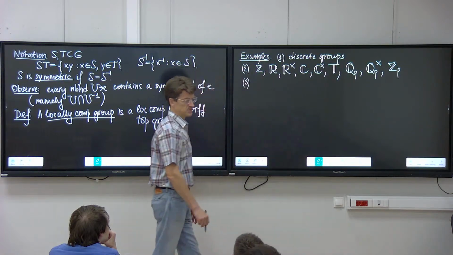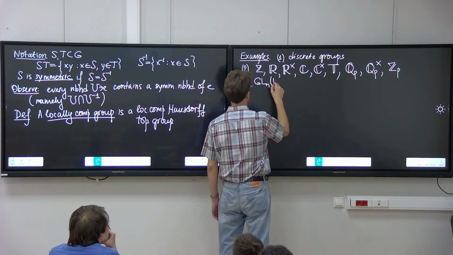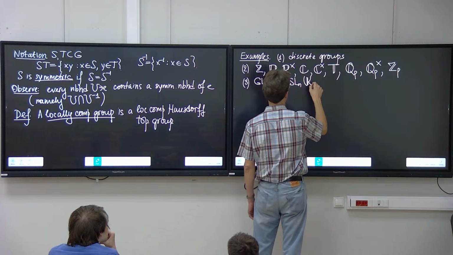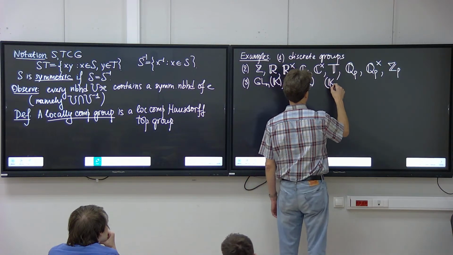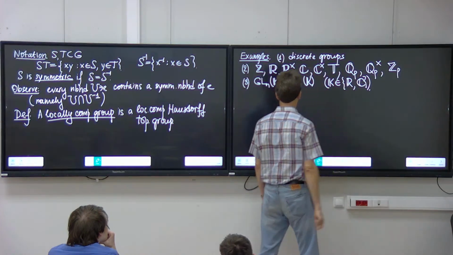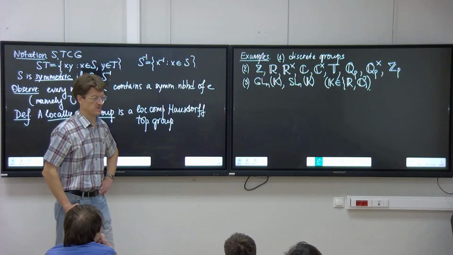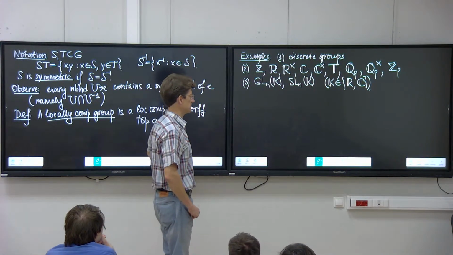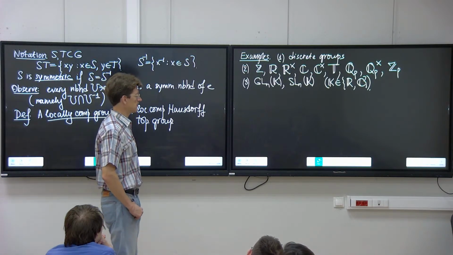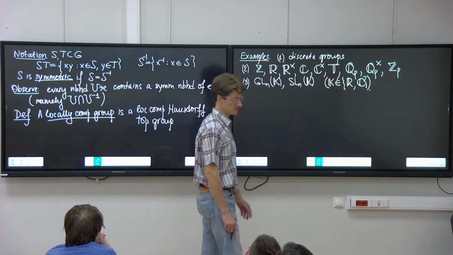Standard matrix groups are also locally compact: GLn over the real or complex numbers, and SLn over the real or complex numbers. Well, GLn is locally compact because it is an open subset in the set of all matrices, and an open subset of a locally compact Hausdorff space is locally compact. And SLn is a closed subset of the space of all matrices, and so this implies that it is also locally compact.